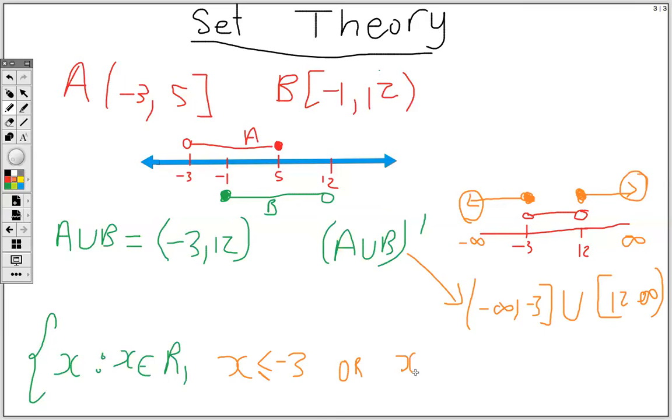So I'll have x greater than sign symbol. So we remove it, put it right on the right hand side of x. And then I will have the number 12. Now, because at 12 we have a square bracket, then I'll have to have an equal to here. And this is my set builder, where x is such that x is an element, a real number, where x is less than or equal to -3, or x is greater than or equal to 12.